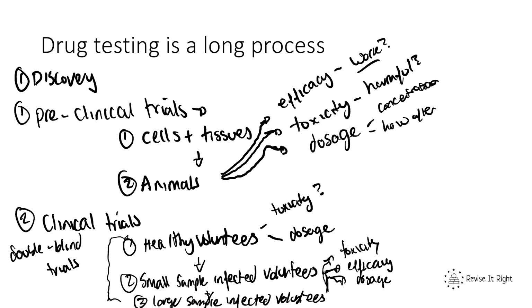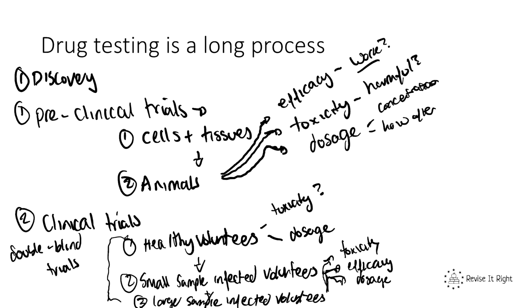Now, a placebo is a substance that's like the drug being tested, but it doesn't do anything. Okay, so the doctor can see the actual difference the drug makes, and it allows for the placebo effect, i.e. when the patient expects the treatment to work, so feels better, even though the treatment isn't actually doing anything.